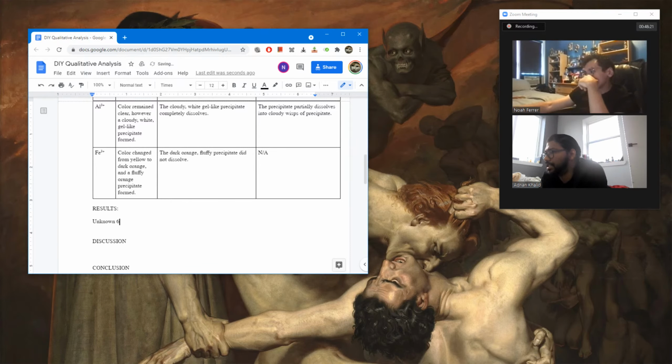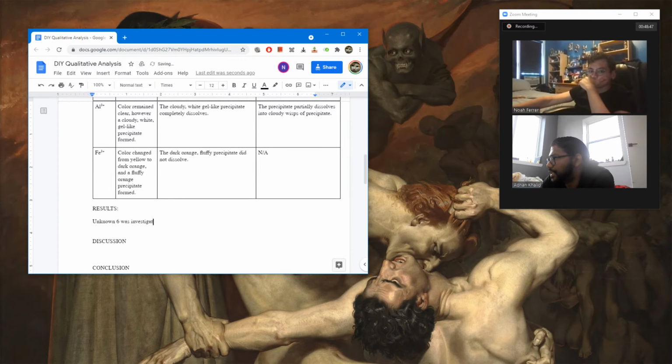Unknown 6 was assigned. Unknown 6 was investigated, and the process.